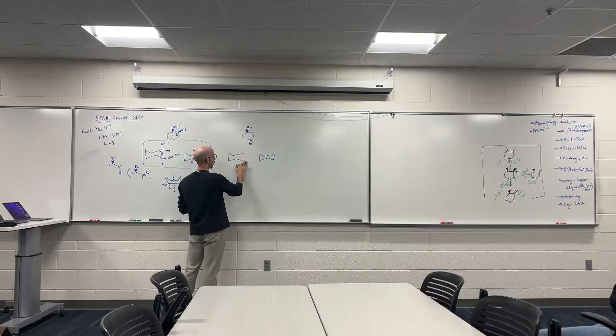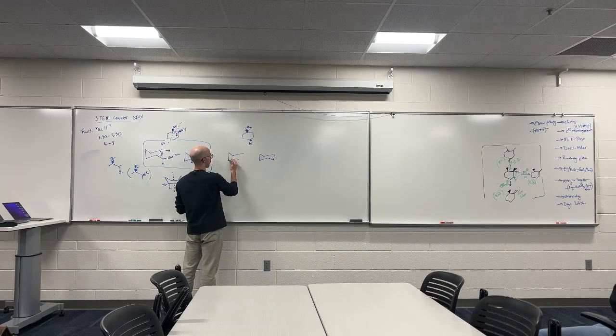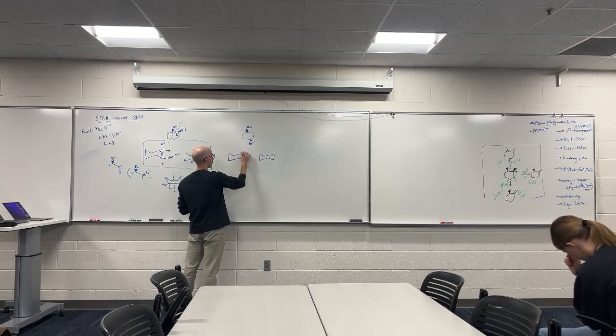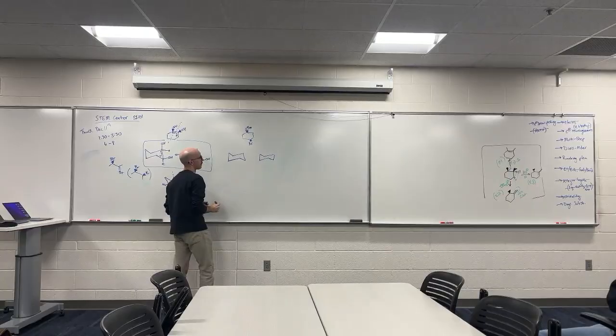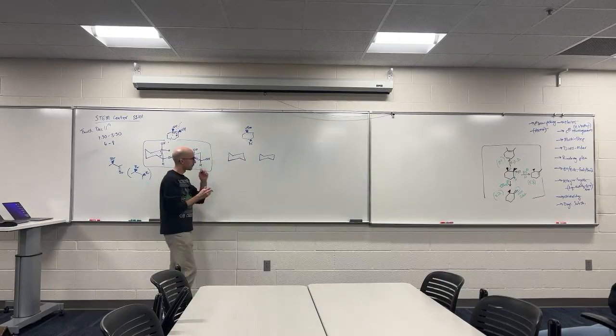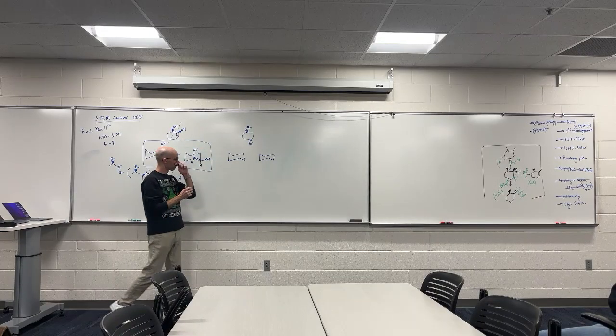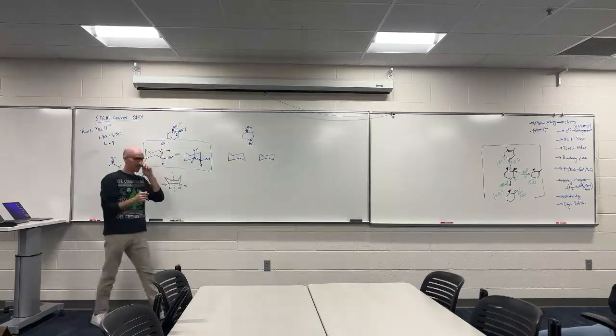But steric strain is not about weight. It's about the size, the surface area. And bromine is just one atom. Tert-butyl is 13 atoms, a ton of atoms and a ton of bonds. So tert-butyl takes up a ton of space.